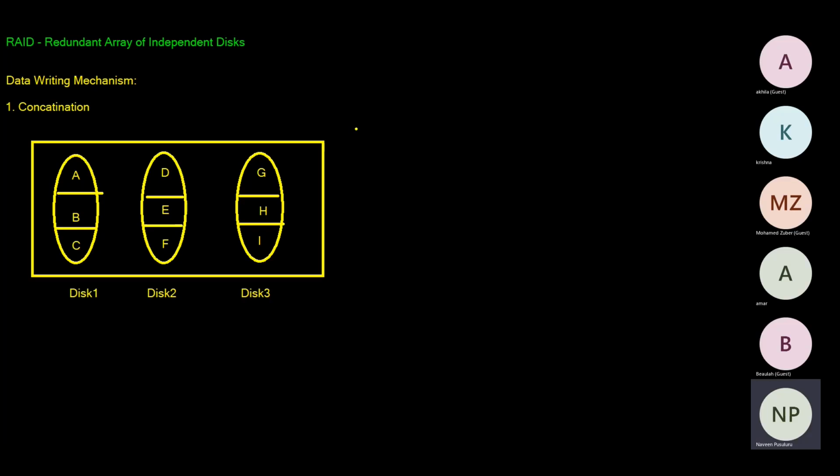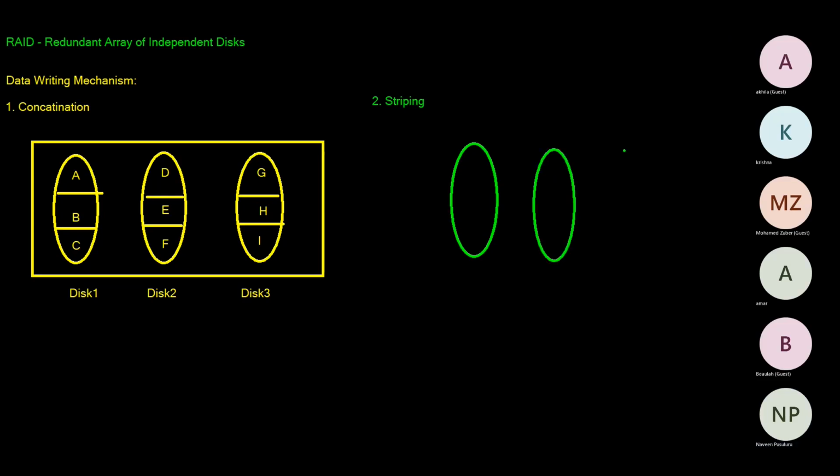And we have another technology which we'll call striping. When it comes to striping, let me take the same example. Let's assume that I have 3 disks here as well: disk 1, disk 2, disk 3.